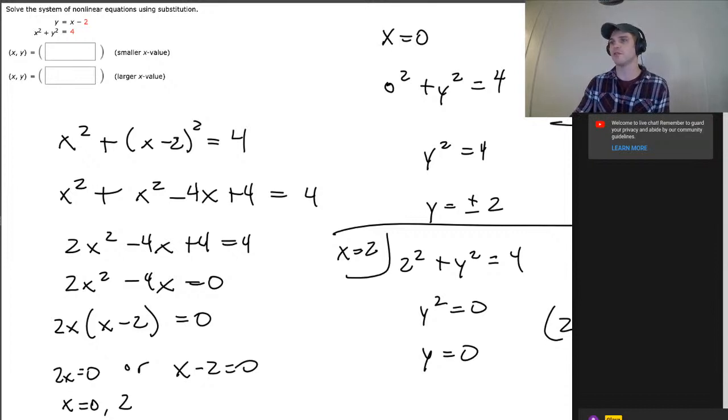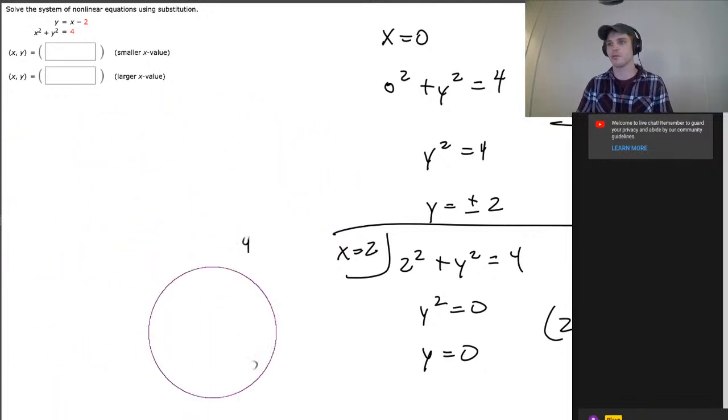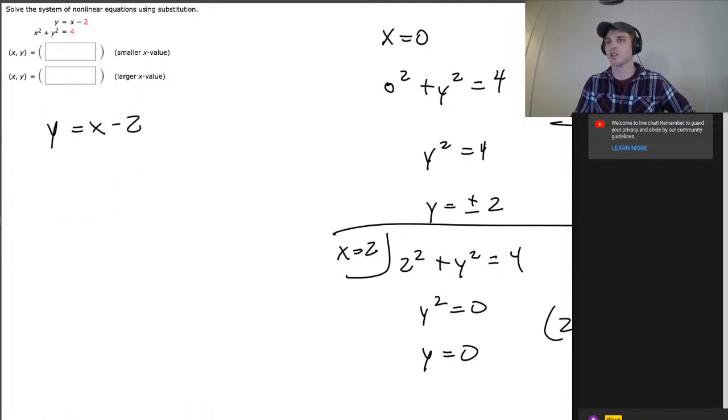Do these solve the first equation? 0, negative 2. So if x equals 0, y is negative 2. That works out. If x is 0, y is positive 2, this does not work out. So if I substitute this into the first equation, let me do that. We've got y equals x minus 2. So I'm going to substitute this point in there. Y is 2, x is 0.